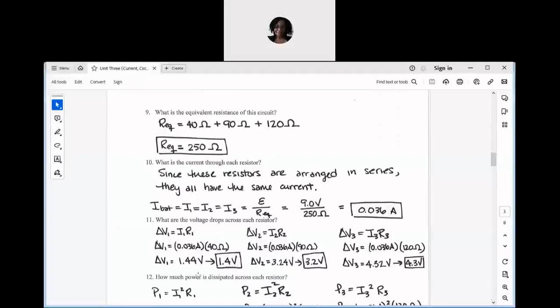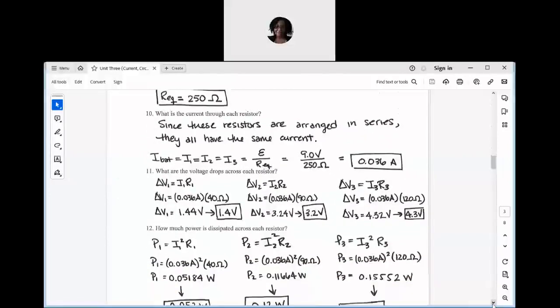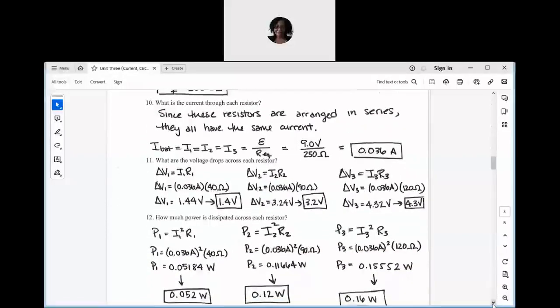To 2 sig figs, the potential difference across resistor 1 is 1.4 volts, across resistor 2 is 3.2 volts, and across resistor 3 it's 4.3 volts. If I add these together in their unrounded state, I end up with 9.0 volts. So I put in the same potential difference that I can see being lost across each resistor.